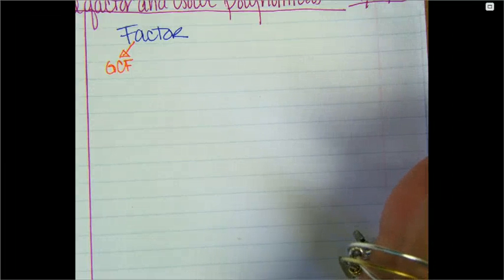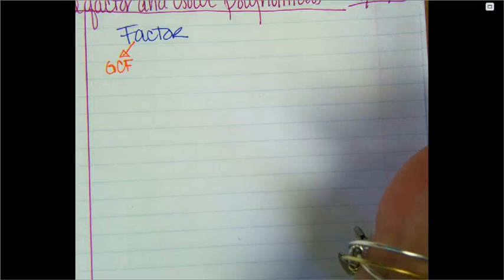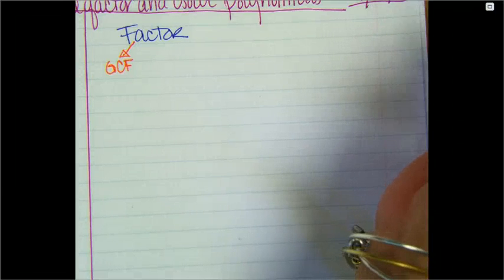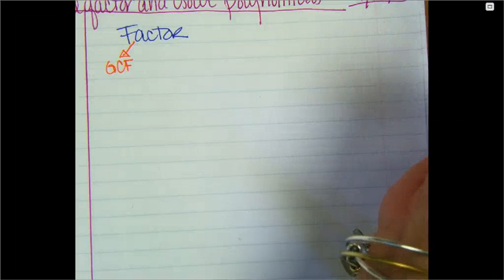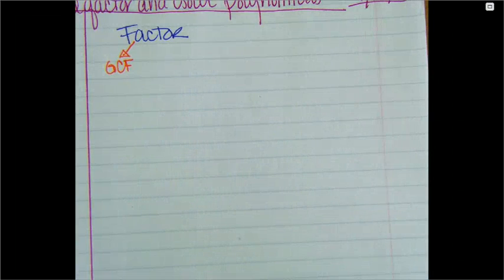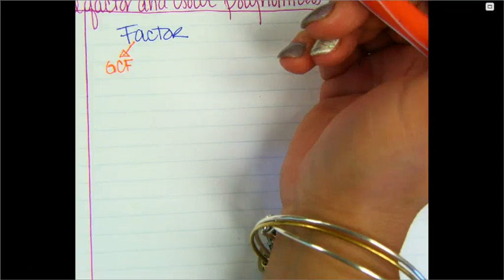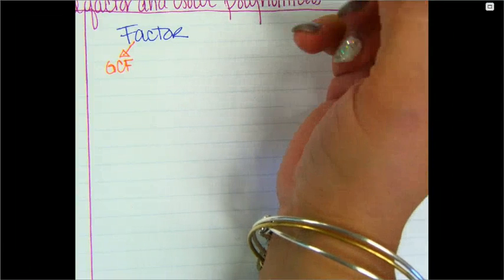Using the what? How do you factor? What tool do you use to factor? That's an operation, not a tool. What tool do you use to factor? That's when you have a radical.